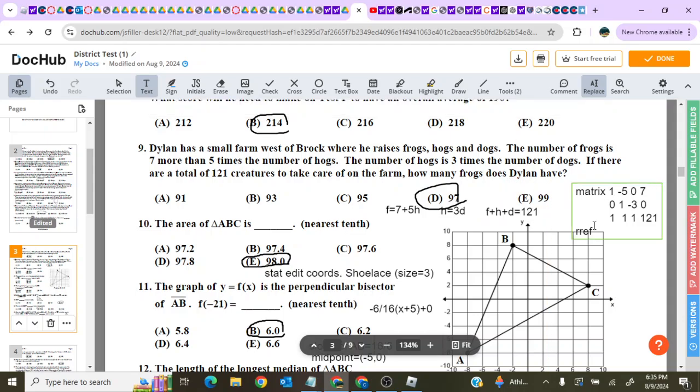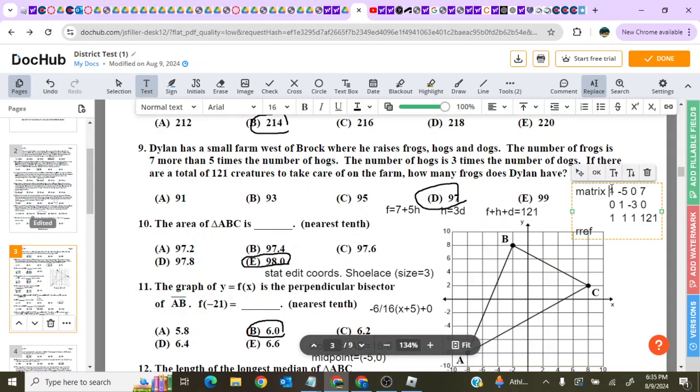So we'll be using our RF matrix for this. This will be F, this will be H, and this will be D, or frogs, hogs, and dogs. So 1 frog minus 5 hogs is equal to 7, which is what happens if you move this H over here.